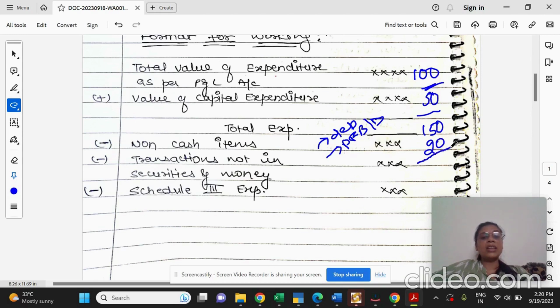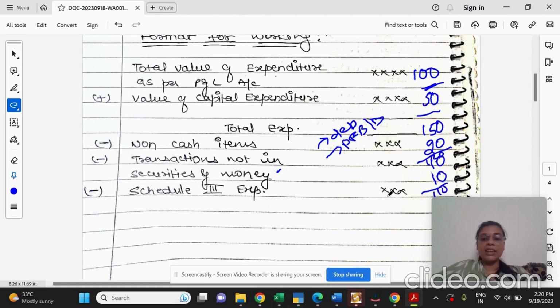Now, transactions in securities and money are not called supply, they are outside the definition of supply. These need to be reduced. Say for example these are 10, and the Schedule 3 expenses that I told you above are also 10. So this was 150, 150 minus 10 minus 10 minus 20, that is 110.